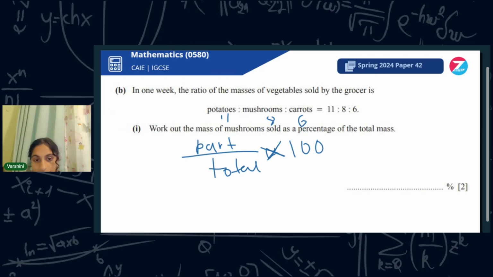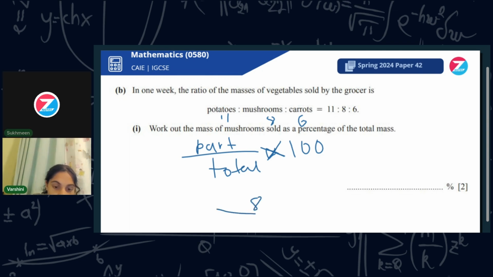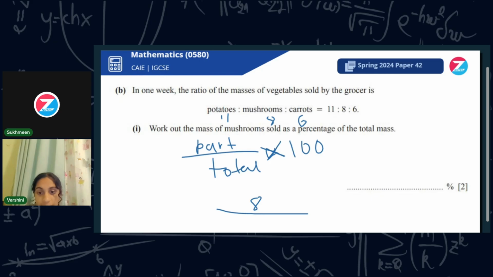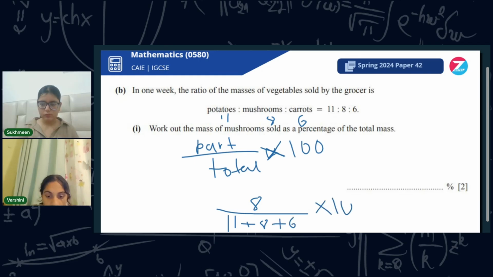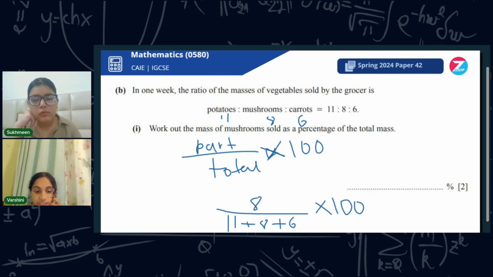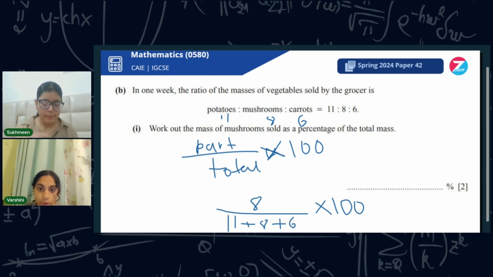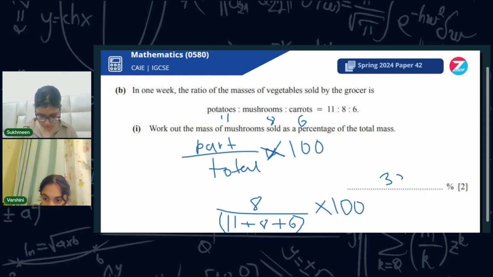The part we want to calculate is the mushrooms, so that's 8 divided by the total, which is 11 plus 8 plus 6, and into 100. This would just be a fraction, but we want the percentage, so we multiply by 100. Put that in your calculator, and don't forget to add the brackets, and you should get 32. So that's going to be 32%.